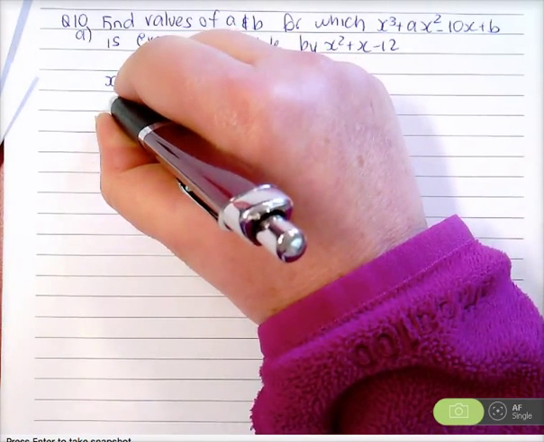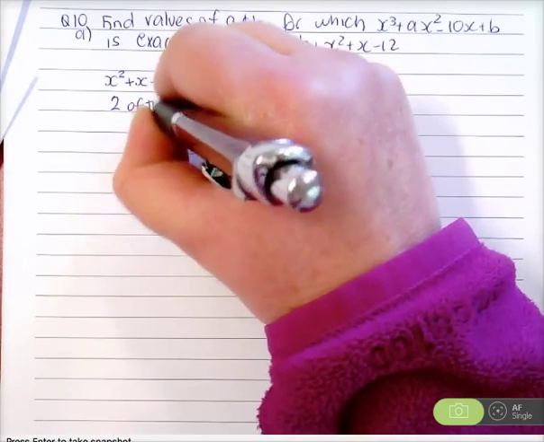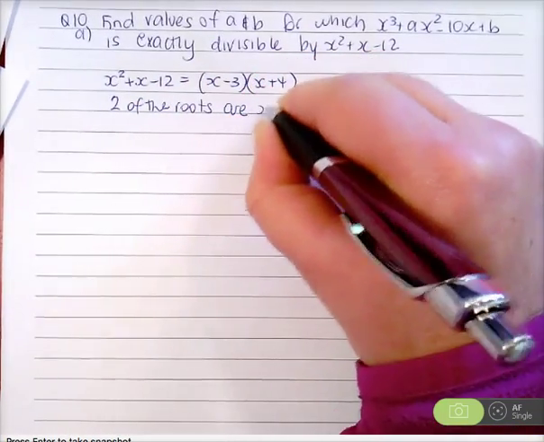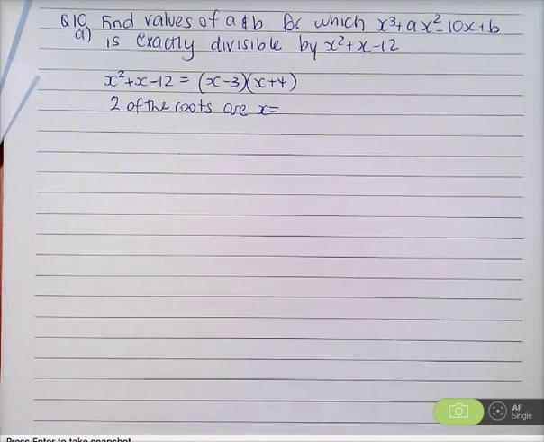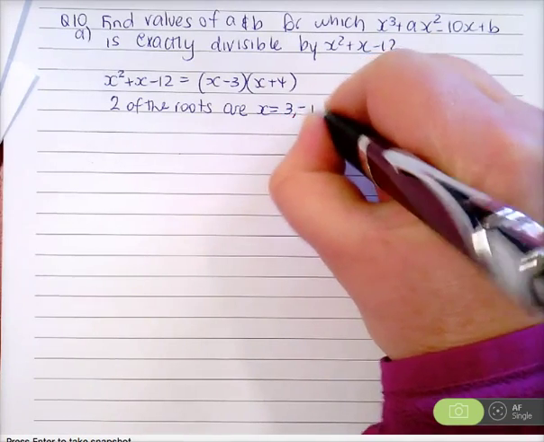So two of the roots, two of the solutions are x equals what? Because the roots are written x minus alpha, like x minus your root. Yes, I just factorised.